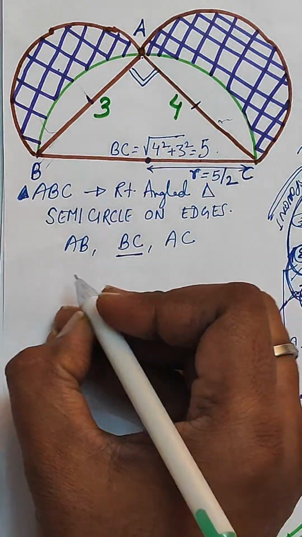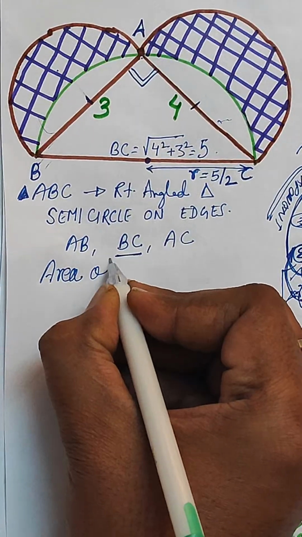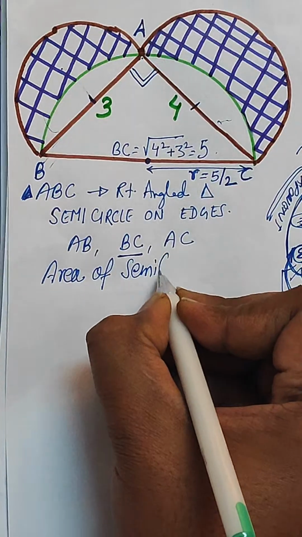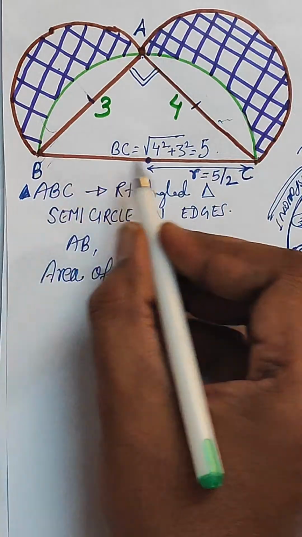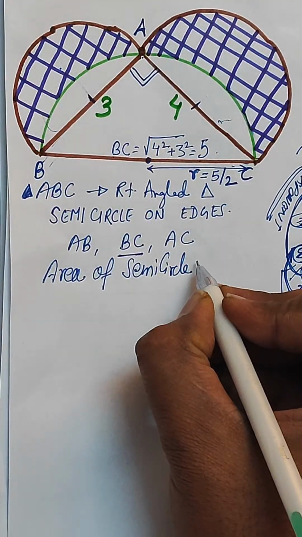Okay, so the area of the semicircle with base BC, or with diameter BC, right?